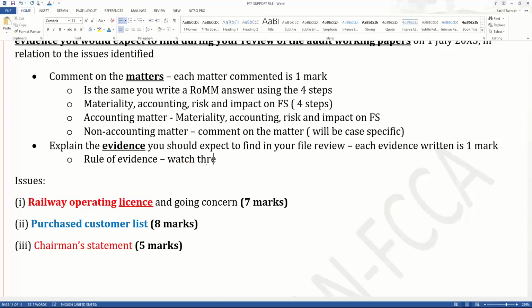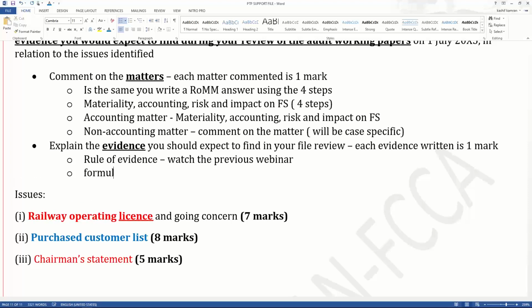I'll not be putting the answer of explain the evidence you should expect to find in the file, because you can watch the previous webinar and formulate the answer for evidence yourself. I've done evidence so many times in the previous webinar that I don't want to repeat that. Comment on the matter, I'm doing it because I want to guide you about the 4-step model and what you will do for a chairman statement, right? Is that clear to all of you?